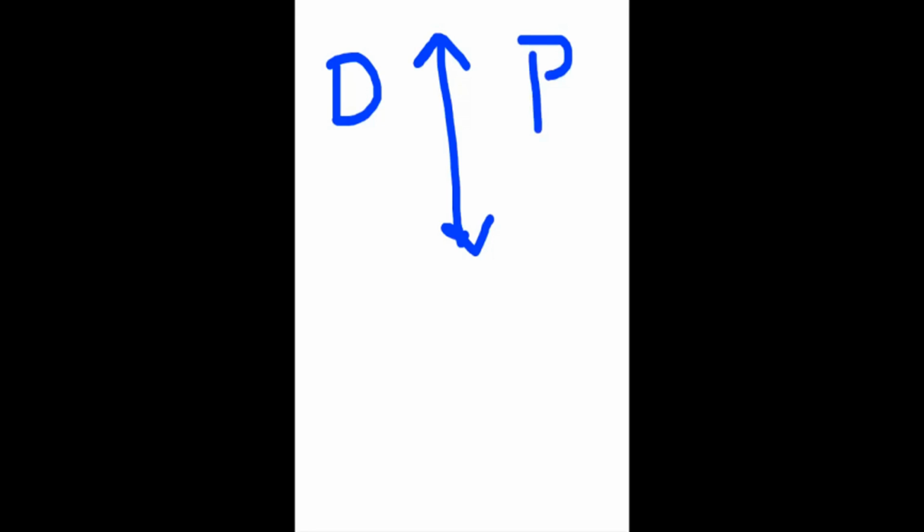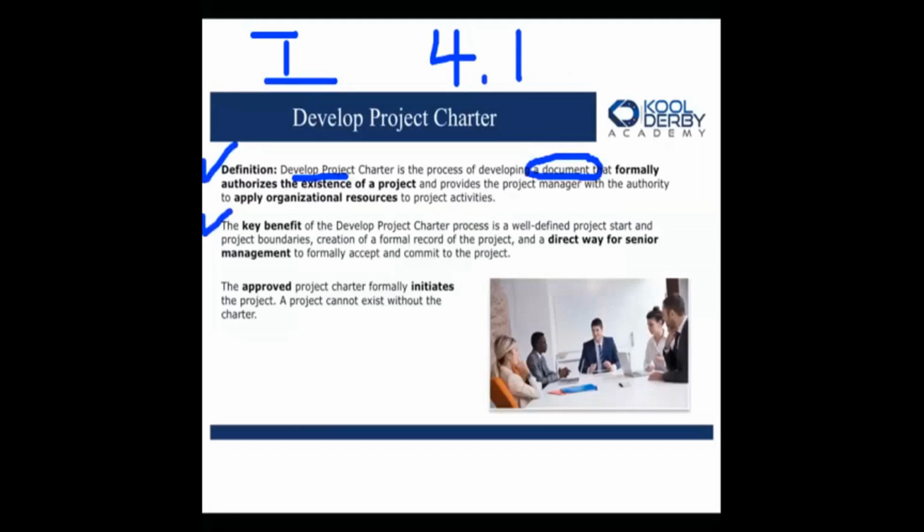No worries on that answer. But there are documents and plans. So we need to know that a document is not a plan. The charter is a document. It's created in initiating, which means it is before the plans. A document is created before the plans, in this case, a charter. What does it do? It formally authorizes the existence of a project.